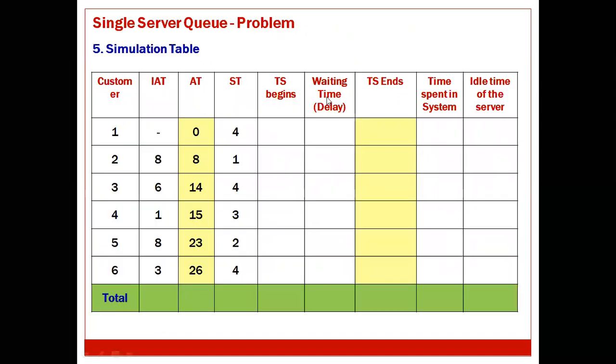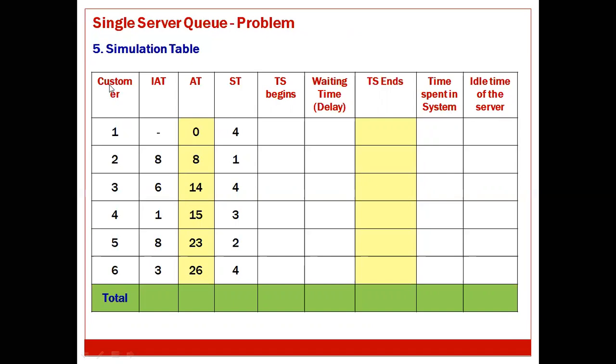Okay, so the next one is the main one, the simulation table. So 5 tables totally we will be generating. In the simulation table, you will have to make the columns like this. The first column is customer number, then IAT, AT, service time, time service begins, then waiting time, that is delay, then time service ends, then time spent in system, then idle time of the server.